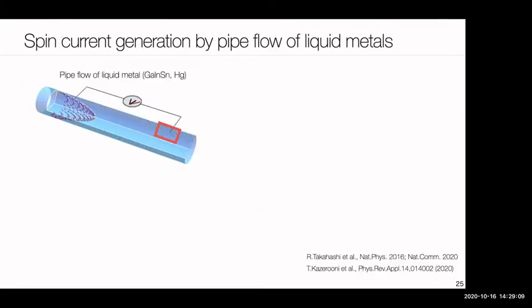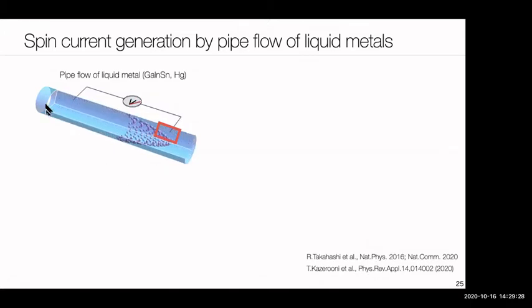let me show you the spin current generation by using the pipe flow of the liquid metal. Okay, this is the experimental setup. I think this is one of the simplest setups, published in the Nature Physics paper.